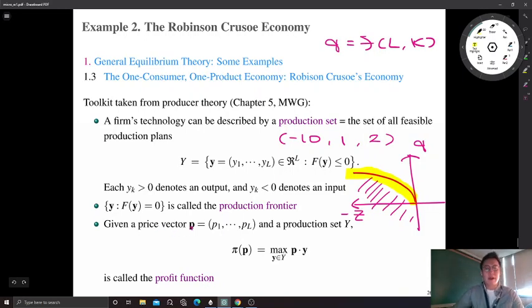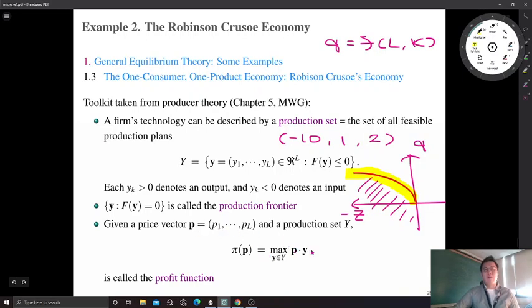So given the price vector p, where the p vector denotes the price of each good, okay, so the collection of prices of each good, and the production set Y, we can define the profit function as the highest profit the firm can achieve given these prices.